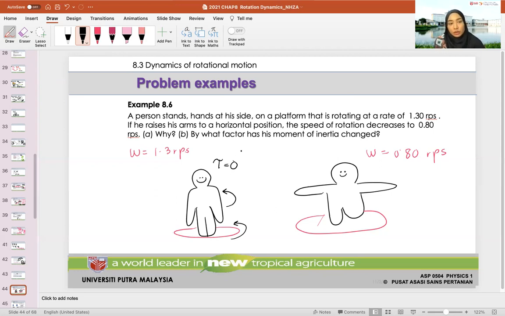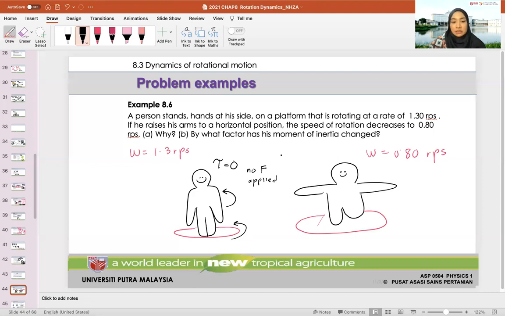So there's no external torque that is pushing him constantly. Tak ada. So there's no F. No F applied. When there is no F applied, torque is also equal to 0 sebab torque is equal to RF. Okay, so this is our assumption here.